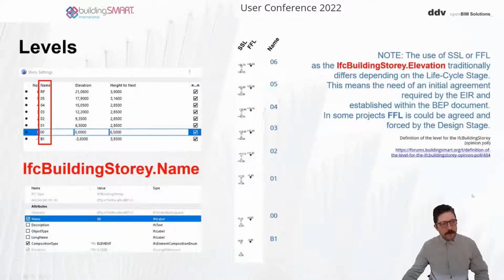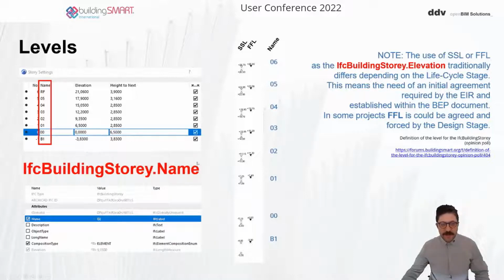Another important part, especially at the very beginning of our modeling activity, is defining the stories, the different levels of our building, right? It's quite important that when we are establishing the names of each of those stories, ultimately what we are doing is defining the value of an important attribute of the class IFC building story.